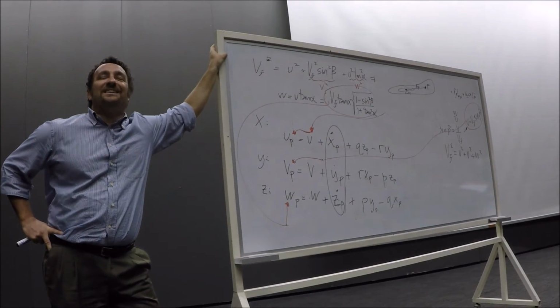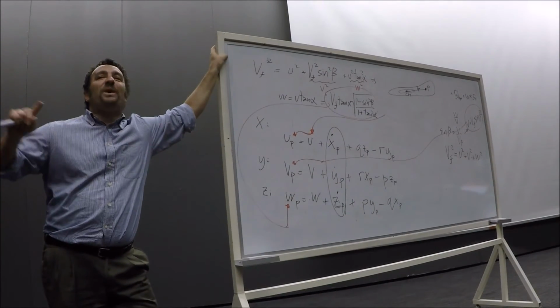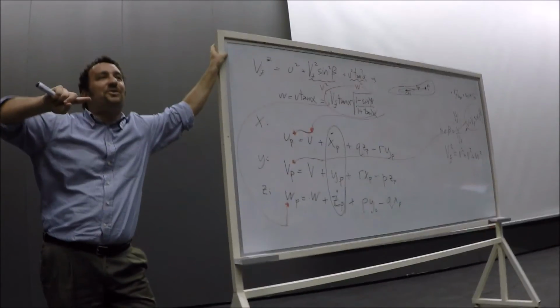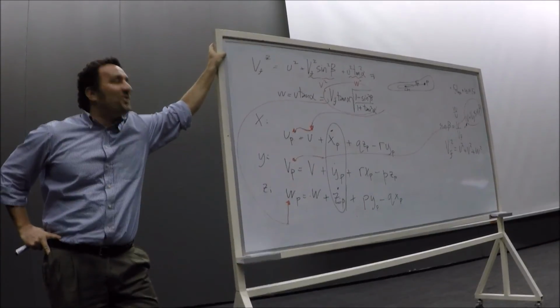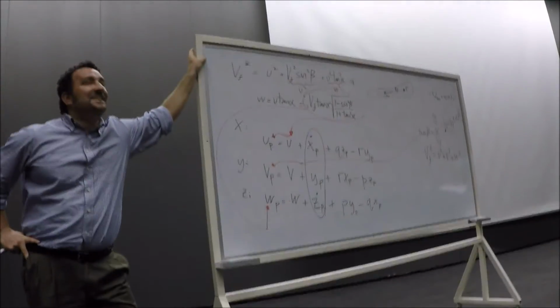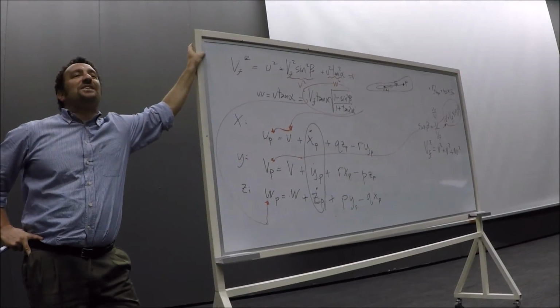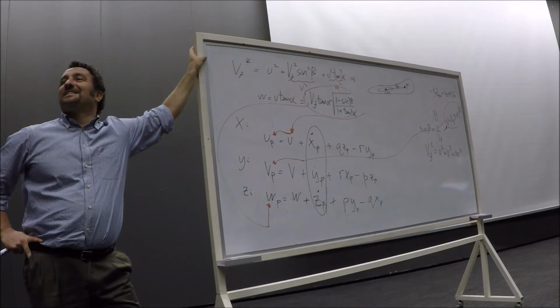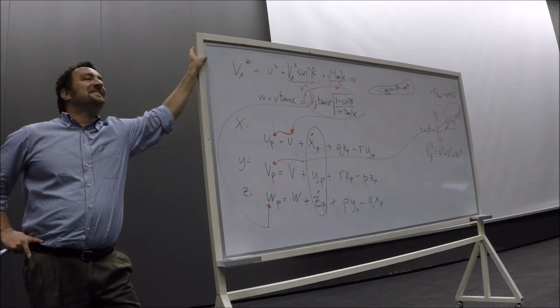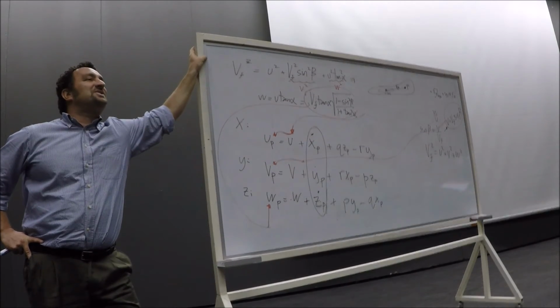Okay, let me retry one more time. Everybody has to put up their hand either for the first or the second question. It doesn't matter if it's right or wrong. So let's go again. r_p is constant, hands up. Okay. r_p is not constant, hands up.